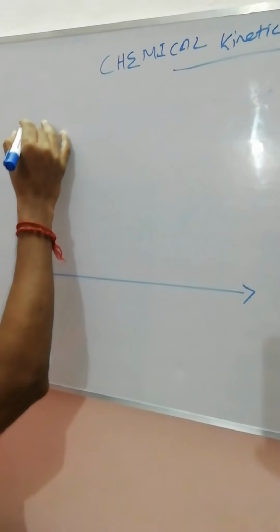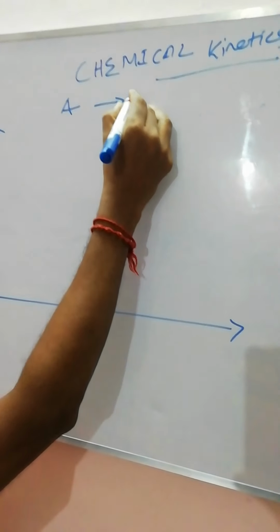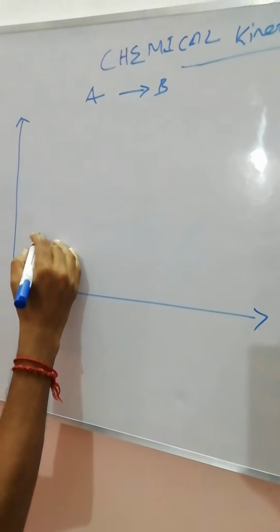Yesterday I taught the average rate equation. A giving P, A is the reactant, B is the product.